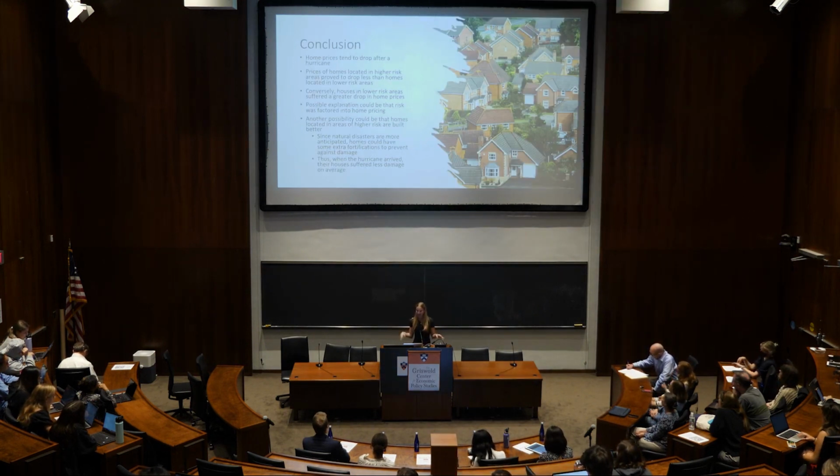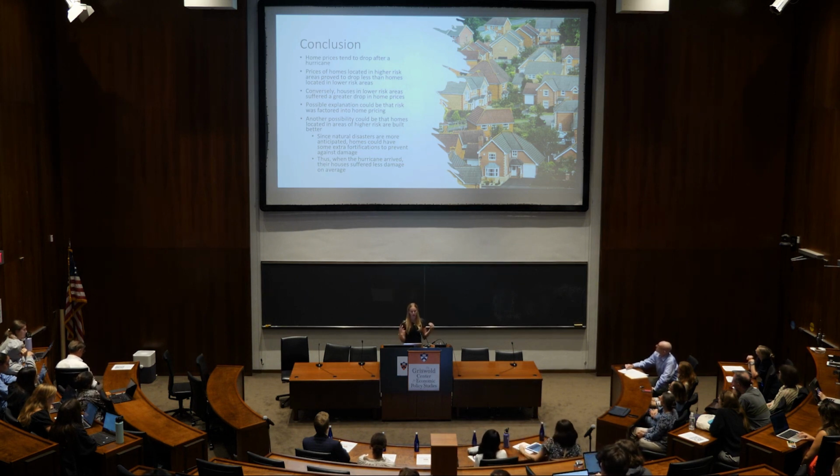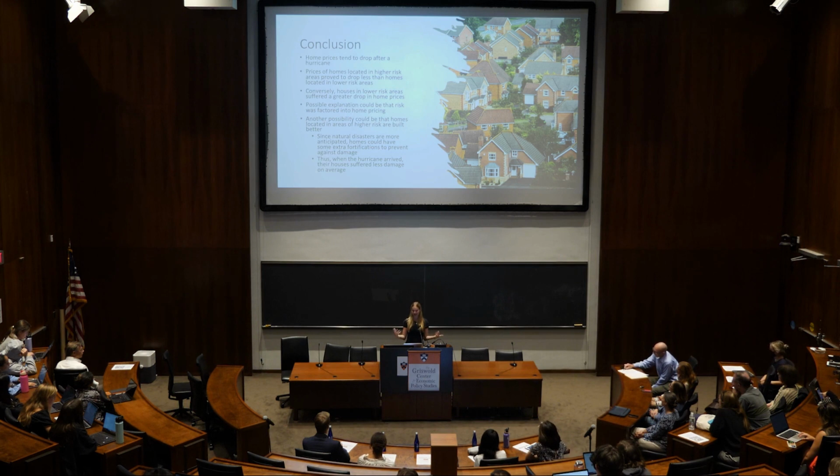Overall, my conclusion: I did find that home prices drop after a hurricane, and that the prices of homes in higher risk areas drop by a smaller amount than homes located in lower risk areas. There are a few different possible explanations for this. One, I hope that residents in these high-risk areas were aware of their environmental risk and took this into account, so when the hurricane came, they weren't as surprised.